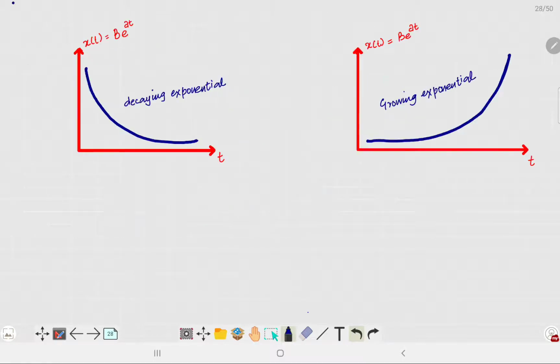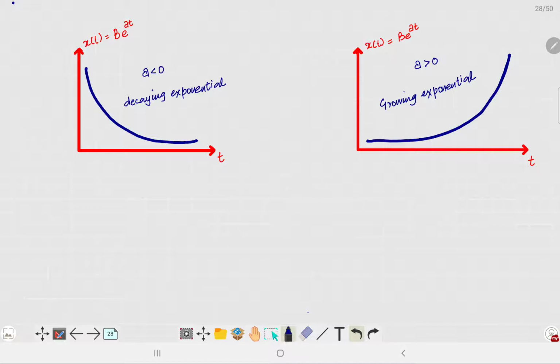Graphically, this is how they are represented. We have the time axis, then the amplitude axis, and x of t is going to be e to the power at. For the decaying exponential, a has a value less than 0, and for the growing exponential, the exponentiation factor has a value greater than 0.